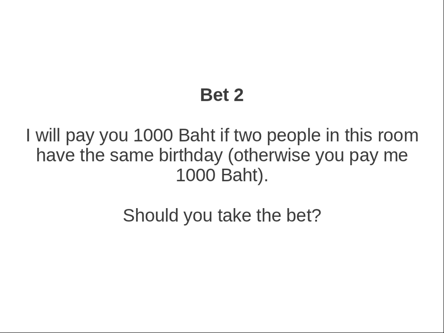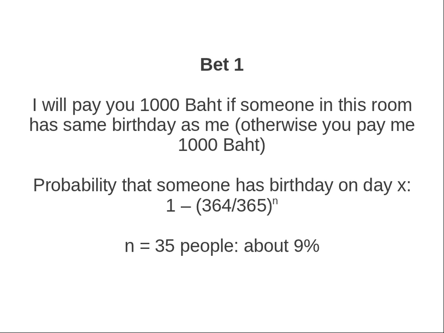You can actually calculate the chance of it happening. In the handouts or online somewhere, there's an extra handout that does the calculations, but I just have the answers here. In bet 1, the requirement is that someone else has the same birthday as me. The way to calculate it is to look at the chance that no one has the same birthday as me.